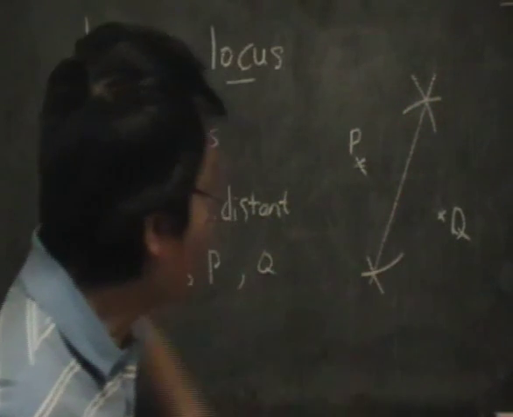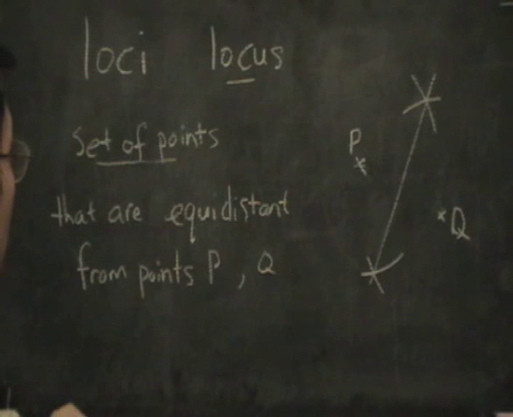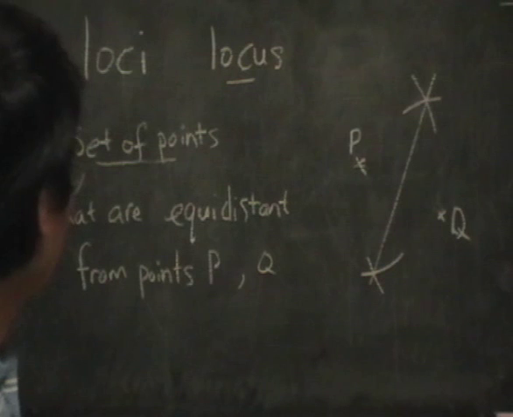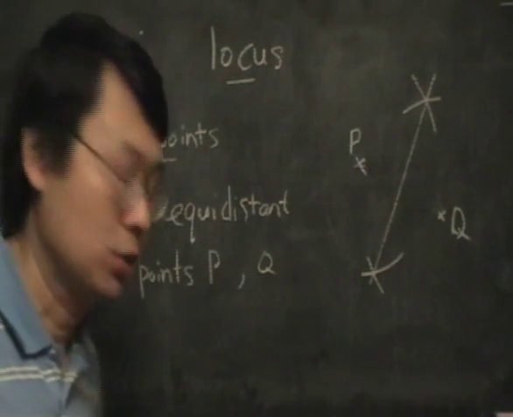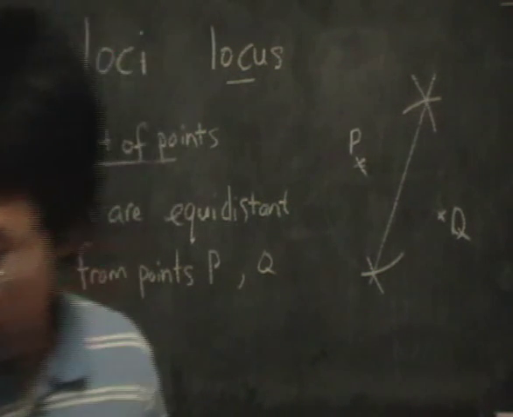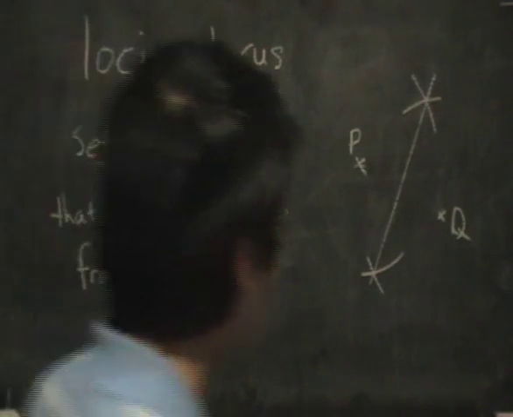It's this straight line that cuts PQ into half. So this is our locus for this rule that the set of points are equidistant from P and Q, and we can use construction to find the answer. Let's look at another example.